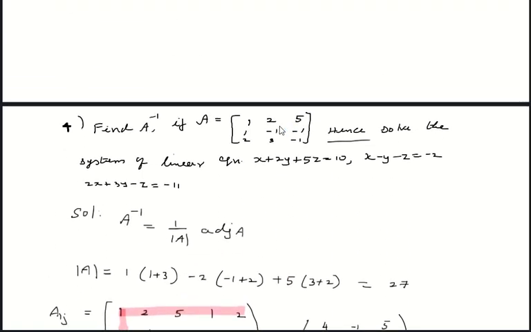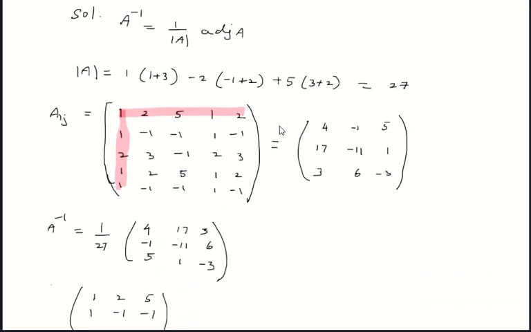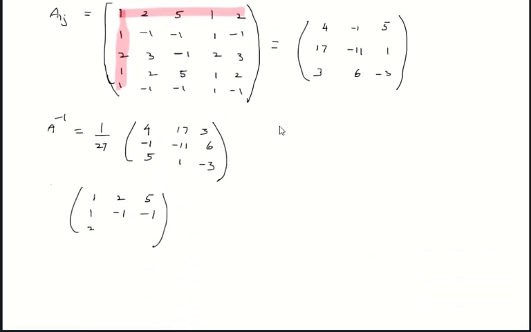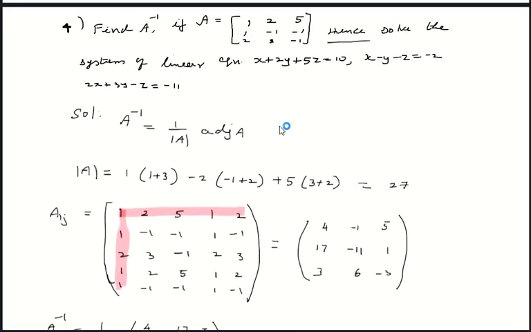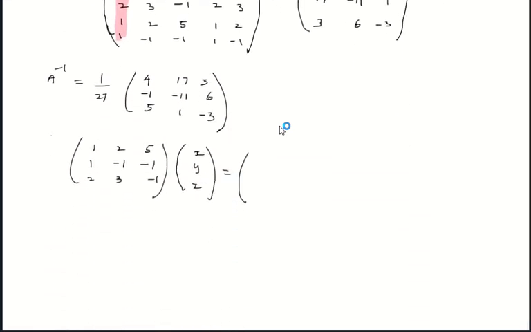Third equation 2, 3 and negative 1, into x, y, z, equals the constant matrix, that is 10, negative 2 and negative 11.